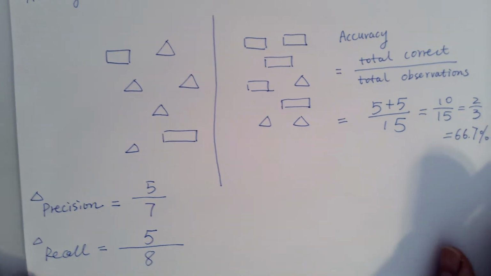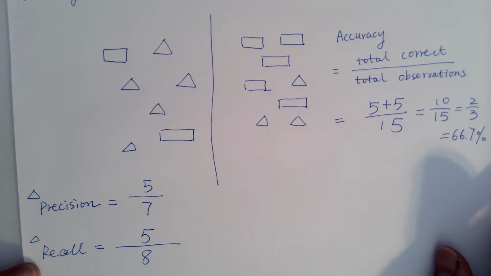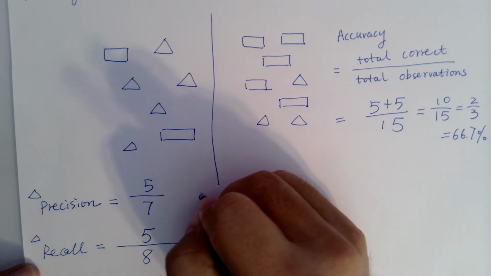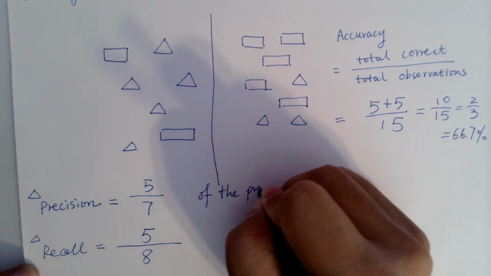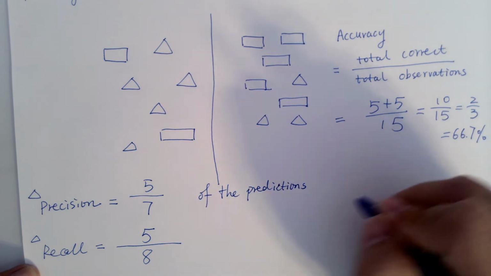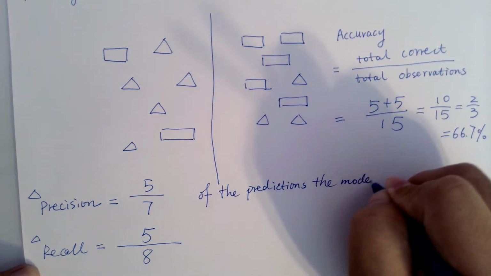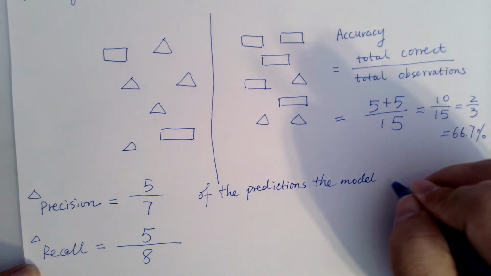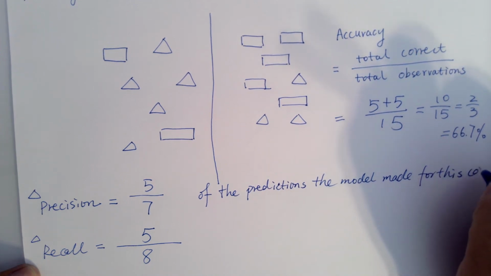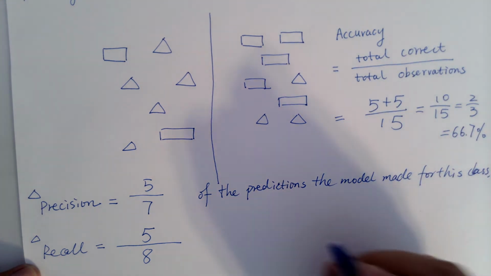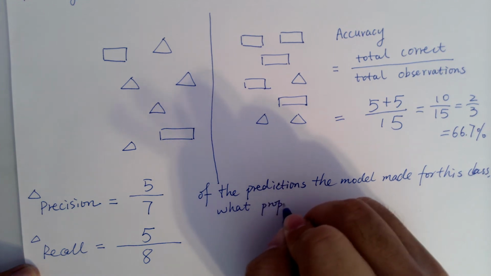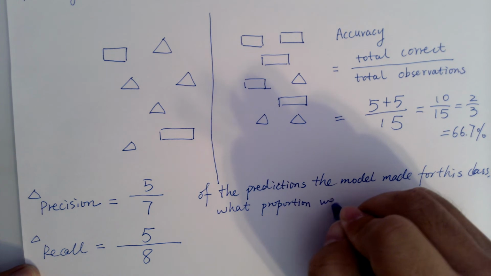So if I write the concept of precision and recall: precision is, of the predictions the model made for this class, which is the triangle class, what proportion were correct?